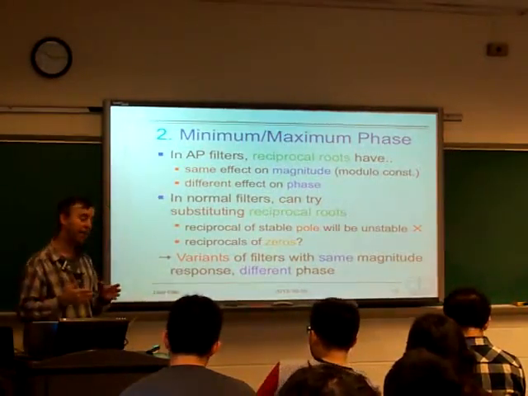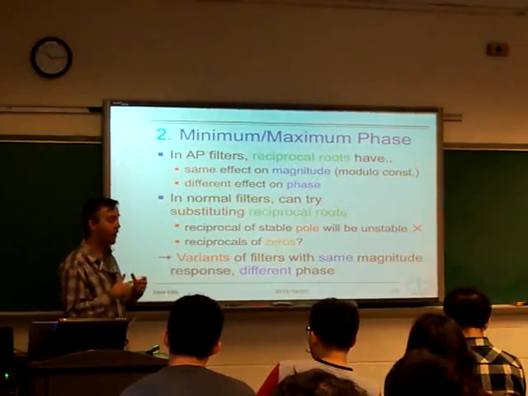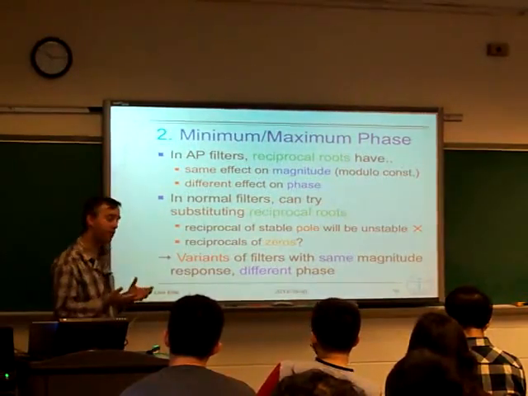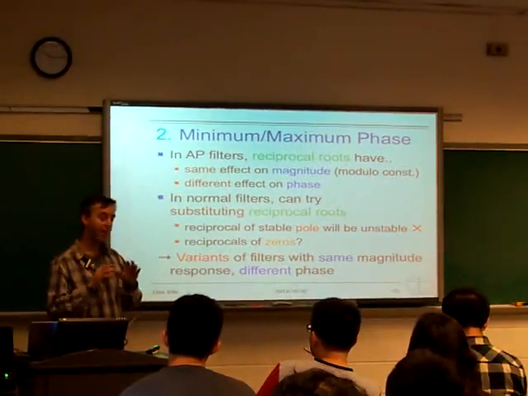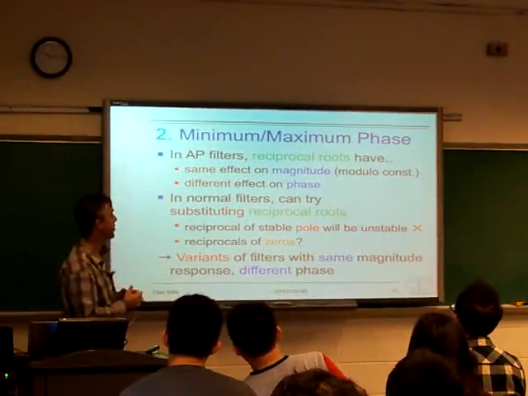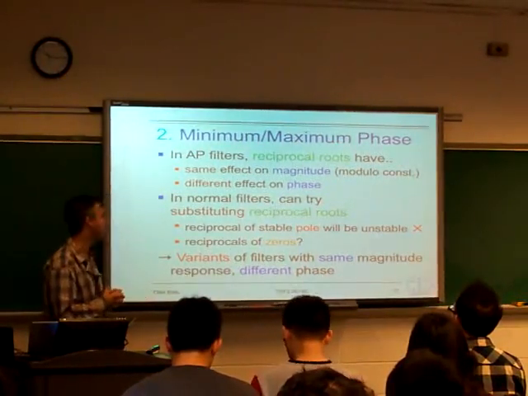And that has the effect that the magnitude response remains unchanged, but the phase response is changed. And so you get several filters with identical, same order, pretty similar filters. They have identical magnitude responses, but they have different phase responses. But there's only a small number of them, depending on how many zeros you can move.